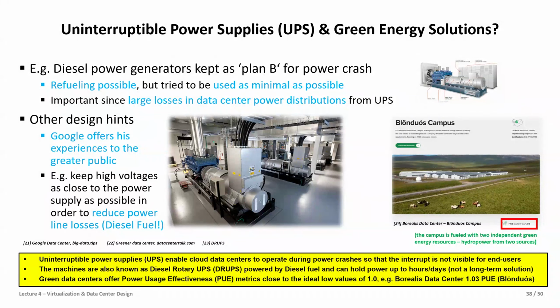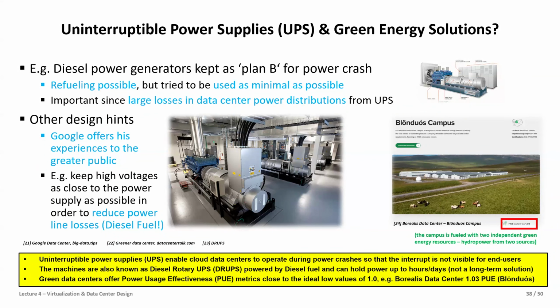And I mean, diesel suggests already what I mentioned when we talk about green energy, right? Take the example of the Lefdal campus I was alluding to on the earlier slide, which is the Borealis data center, just as an example, that can go up to maybe around 100 megawatts. And they are sourced by two hydropower resources.